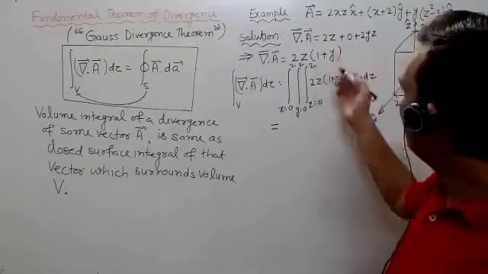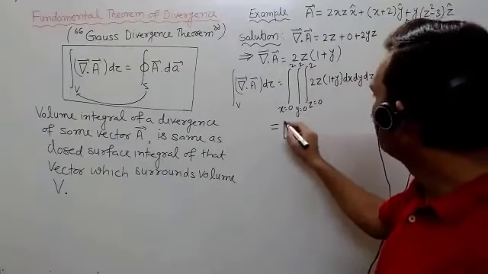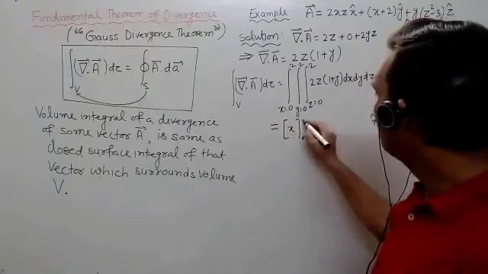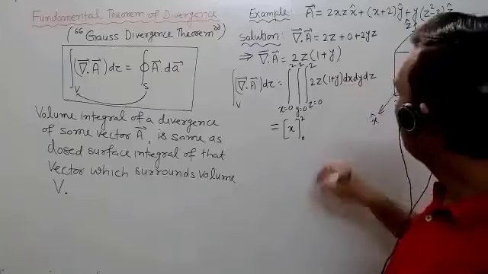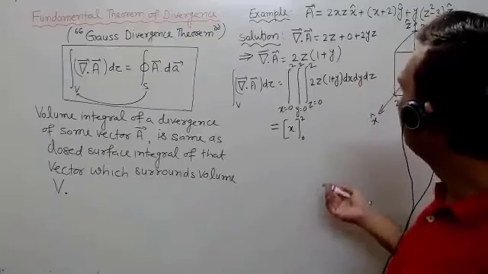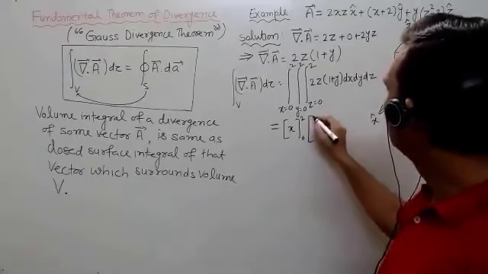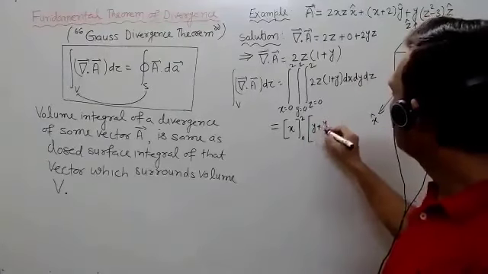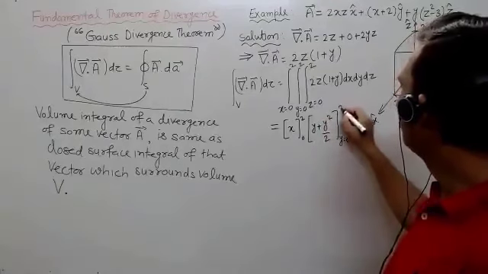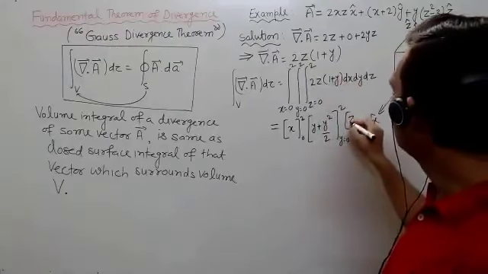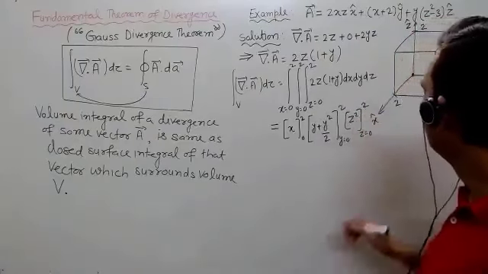So if you differentiate with respect to x, first term will give you x, limit will be 0 to 2. With respect to y, so let us first calculate with respect to y and then with respect to z. So y will give you y plus y square by 2, y 0 to 2, and this z will give you z square, 2 will cancel out, z 0 to 2.